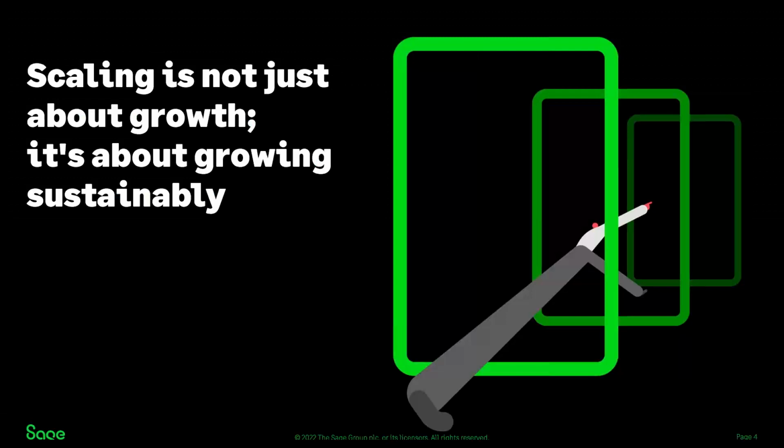I wanted to touch on scaling, right? What exactly does scaling mean? Scaling is not just about growth, it's about growing sustainably. A growing company experiences increased sales volumes, but a scalable company is able to improve profit margins or keep the same profit margins even as that sales volume increases.